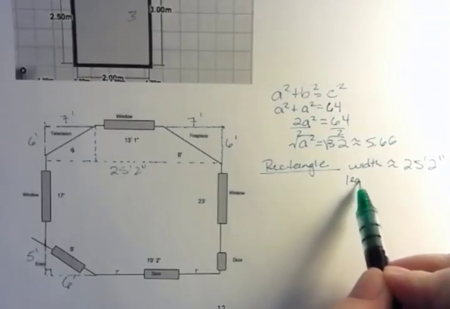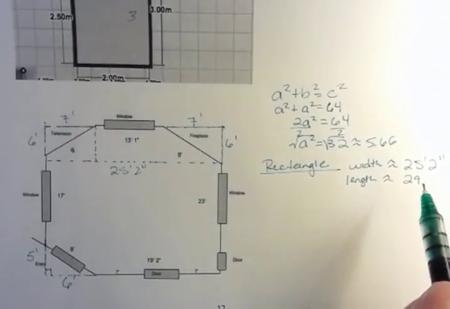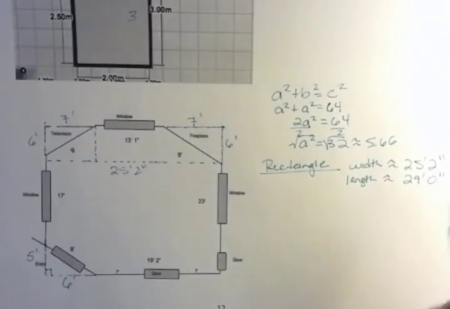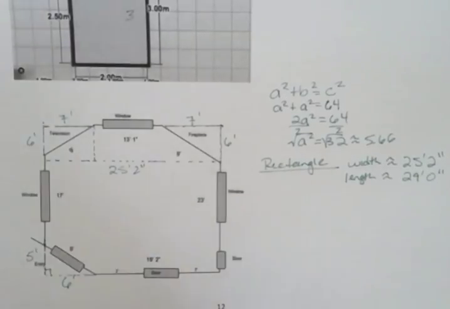And the length, I'm going with 29. In this case, because this store is going to shut down, and I don't want to end up with not enough stuff. I hope I don't pay for extra, but I really don't want to end up short. So I'm going to go ahead and call that 29, even though it could be 28, could be 29, could be 28 and a half.